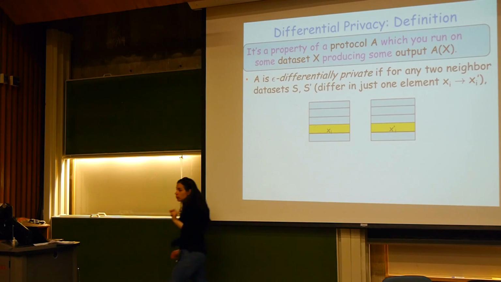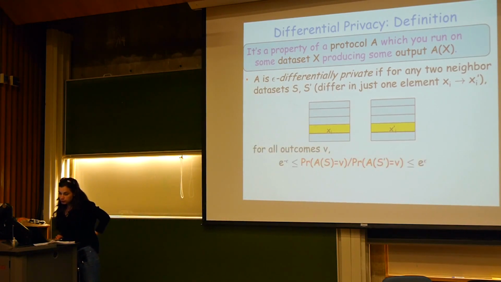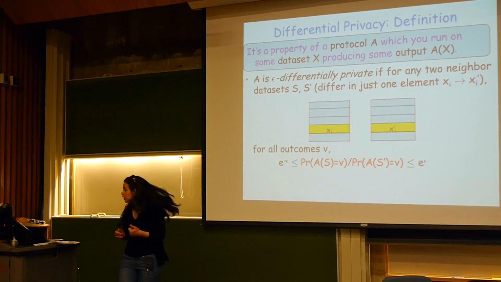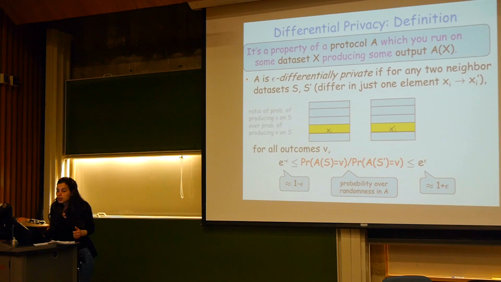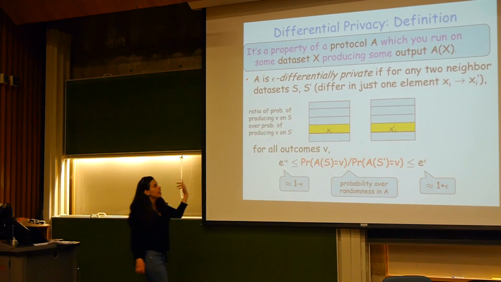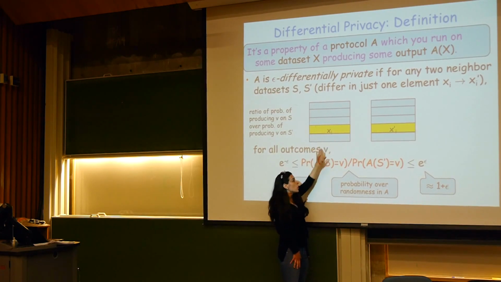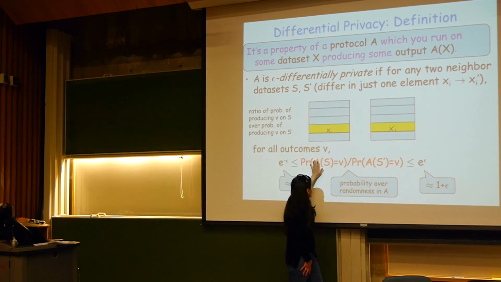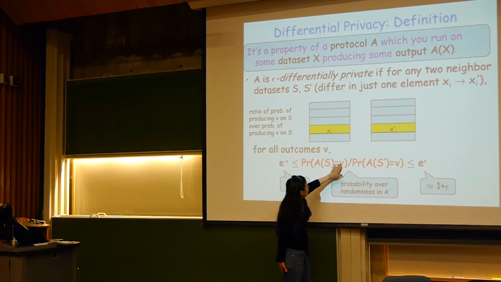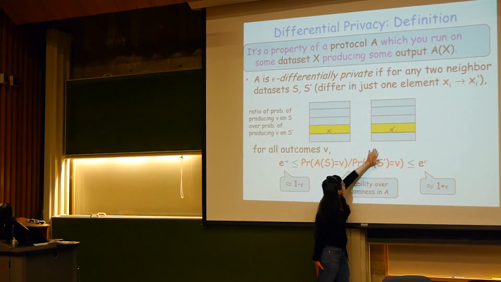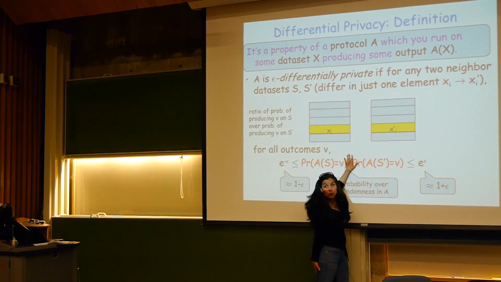So what we want is that for any two neighboring data sets that differ on just one entry, for all possible outcomes that the mechanism might produce, the ratio of the probabilities of producing an outcome V under the first database S over the probability of producing this outcome V under the second neighboring database is close to 1.